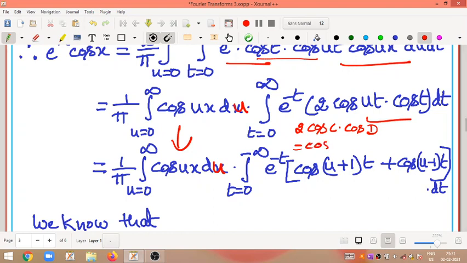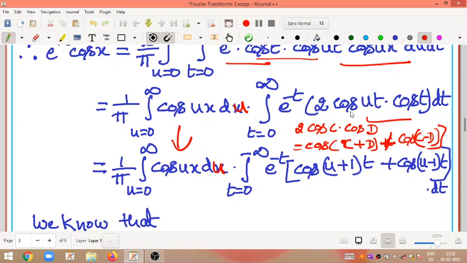So 2 cos c into cos d is equal to cos of c plus d plus cos of c minus d.